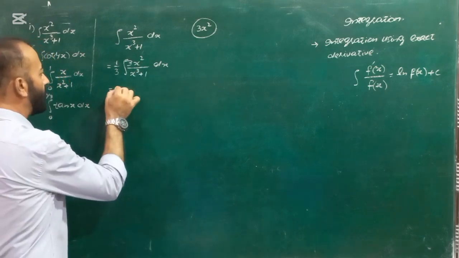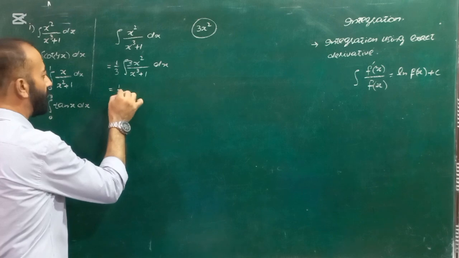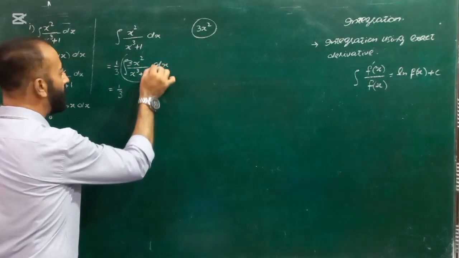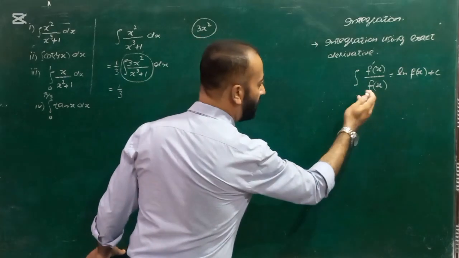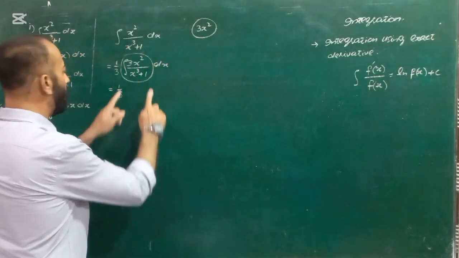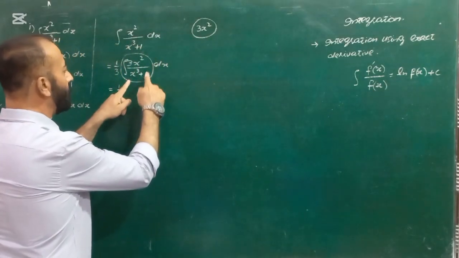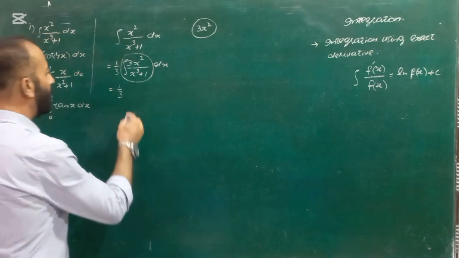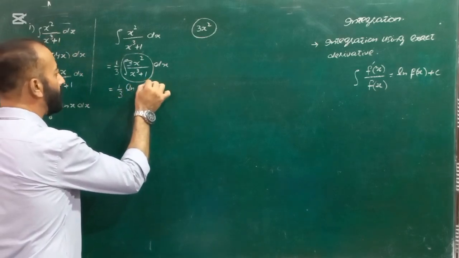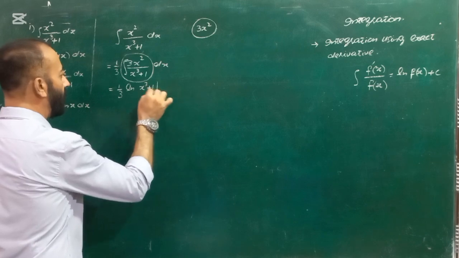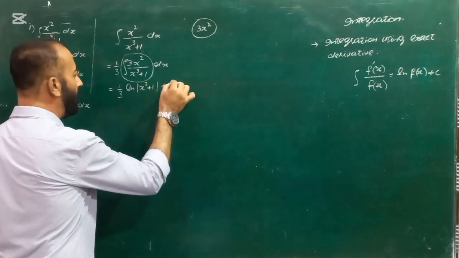So the answer will be this, 1 by 3 is placed now, because this formula will be used now. Denominator is there whose differential is given in the numerator. So 1/3 natural log of x cubed plus 1, and plus c will be placed.